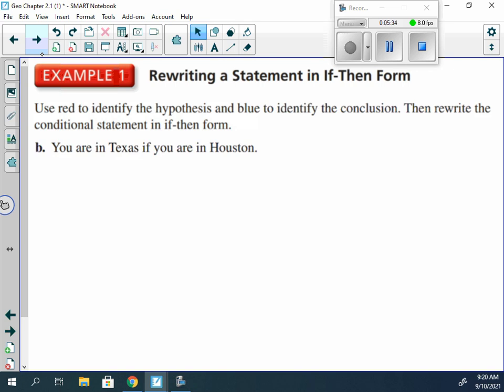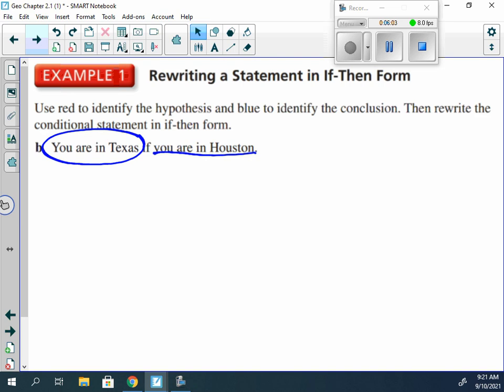Let's look at the next one. You are in Texas if you are in Houston. What is our hypothesis? You're in Houston, and our conclusion is you're in Texas. In this one here, they flipped it a little bit, but what was the kind of big sign that the hypothesis was?